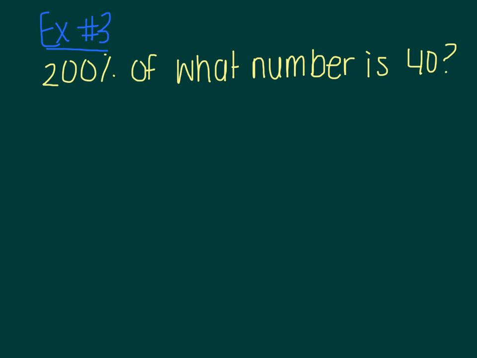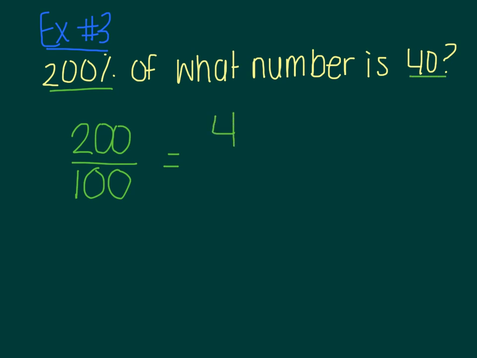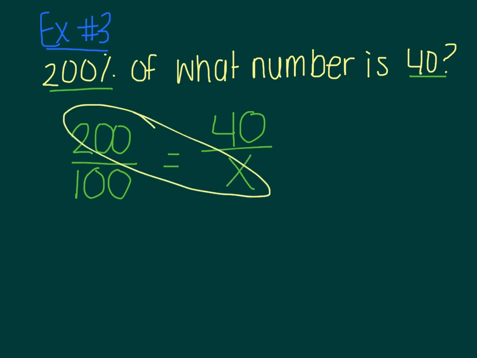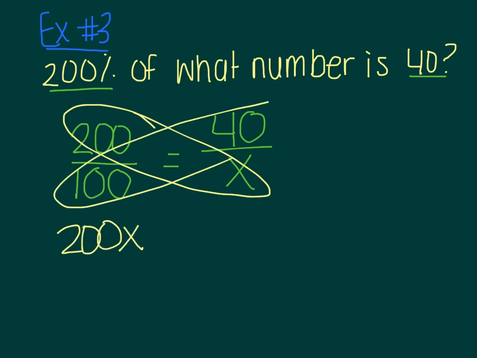Example 3, we have 200%, and even though it's greater than 100, we still always put it over 100. 200% of what number is 40? 40 is our part, and we don't know the whole. Cross multiply. 200 times X is 200X, and 40 times 100 is 4,000.